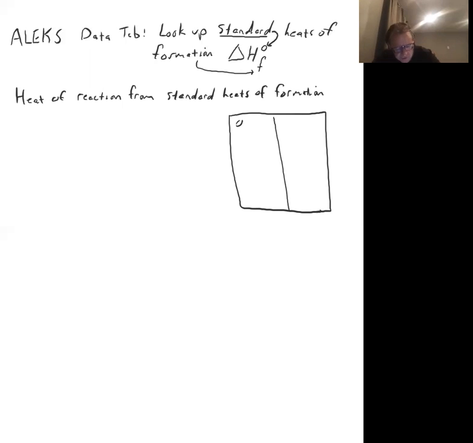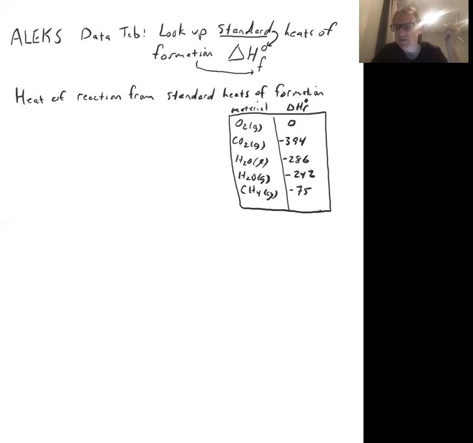So for example, O2 is 0. CO2 is minus 394. H2O liquid is minus 286. H2O gas is minus 242. CH4 minus 75. These are the delta H of formation, standard, and then this is the material. There's many other materials in there, but these are some of them that are in that data table.